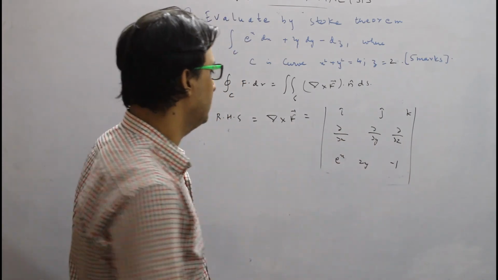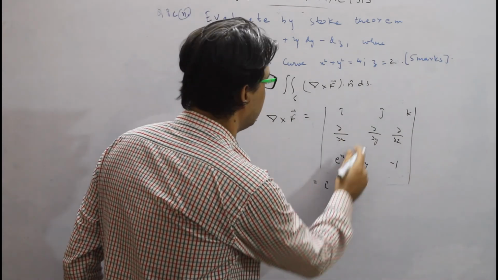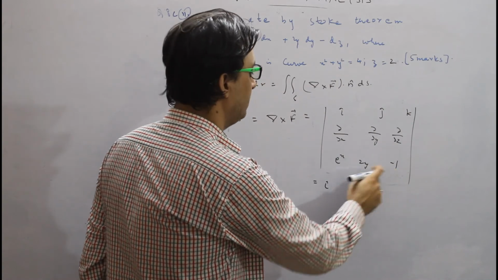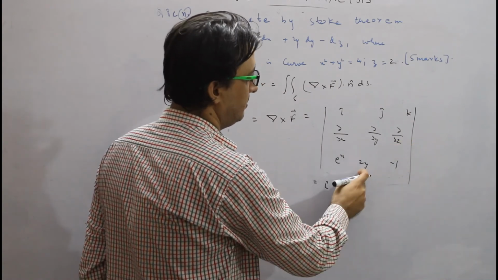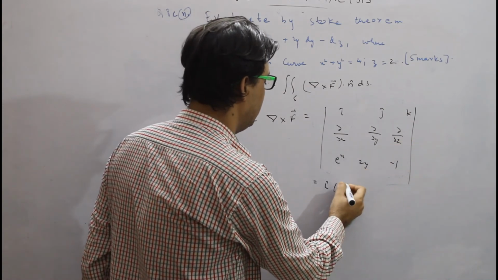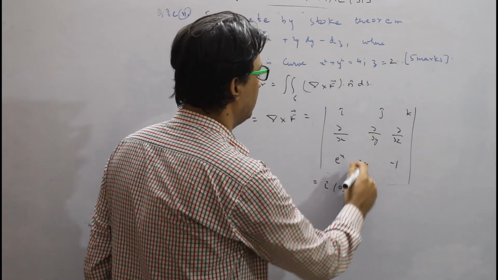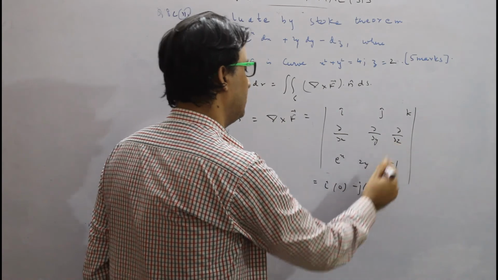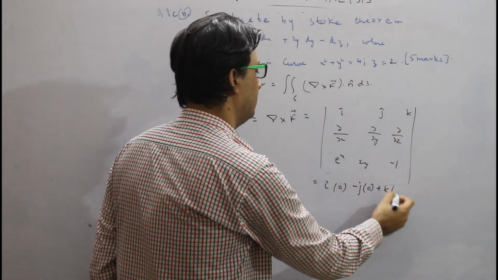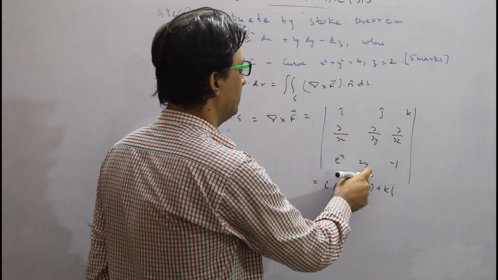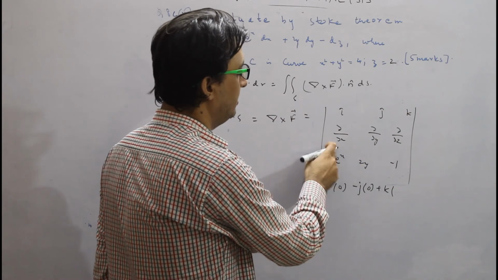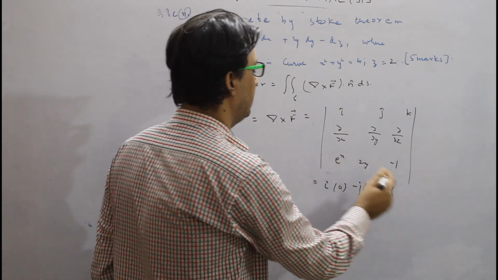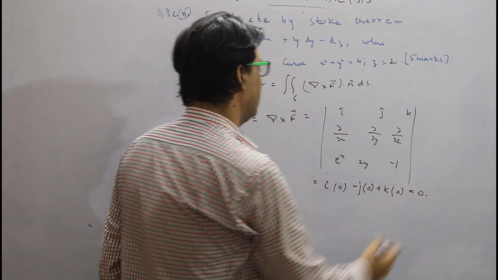So for i, dou y of minus 1 is 0, dou z of 2y is also 0. For j, this is also 0 because with respect to z. And finally for k this is 0 because y and x. So we got our answer as 0.